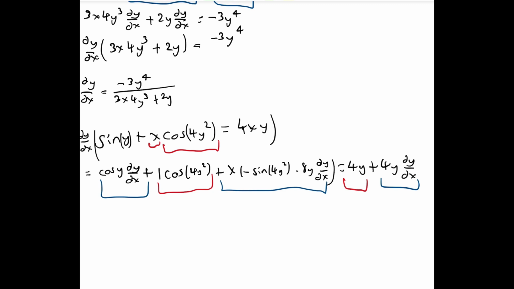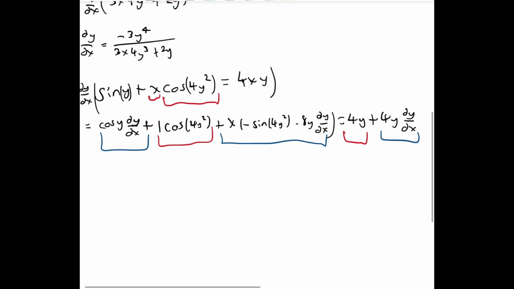So let's rearrange this. Cosine of y dy/dx can stay on the left side. We'll come back to the ones in red.